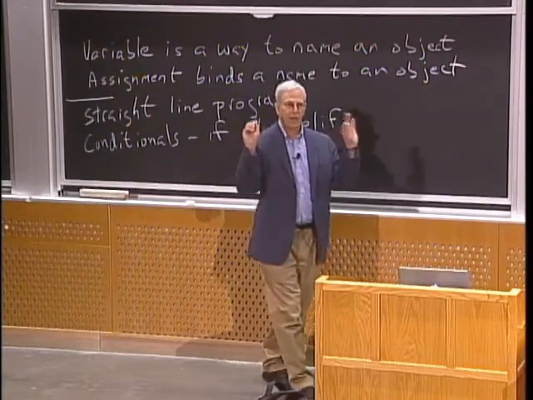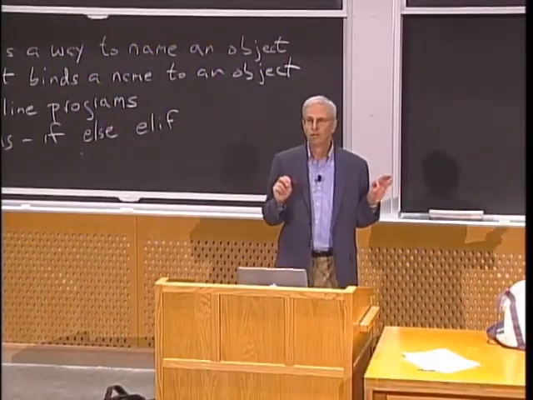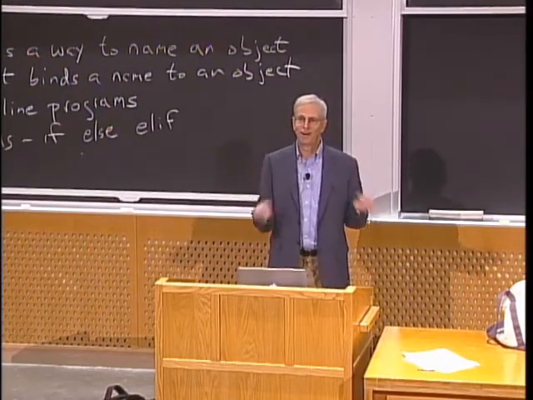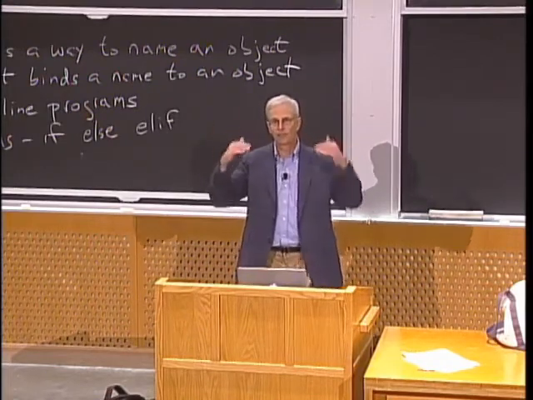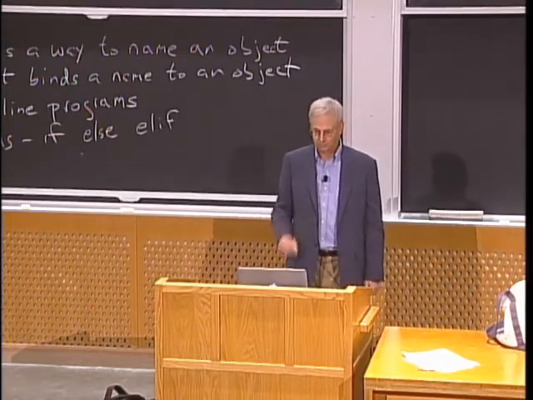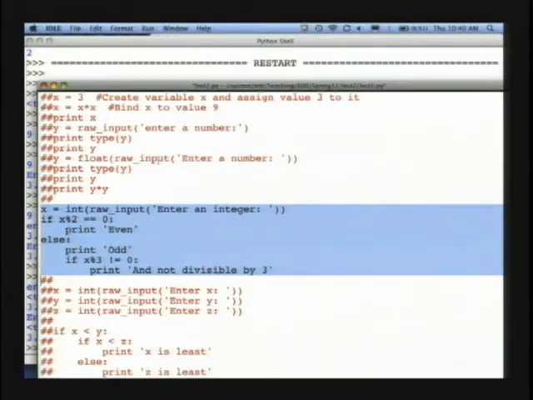If we want to do a comparison as to whether two objects have the same value, we don't write a single equal, we write a double equal. So whenever you're testing for equality of objects, you use double equal. So it says if the object x mod 2 has the same value as the object 0, print even, else print odd. And then, just for fun, I'm going to see whether or not it's divisible by 3.